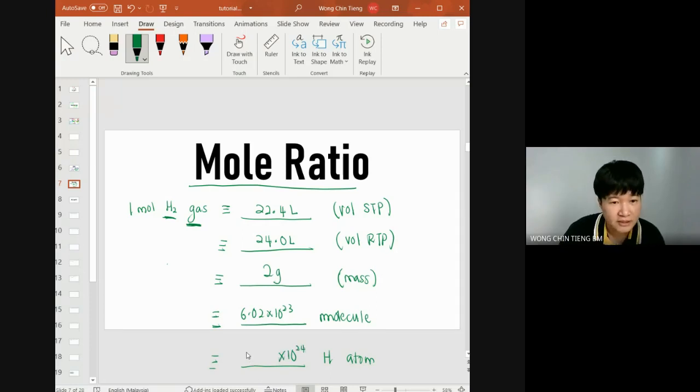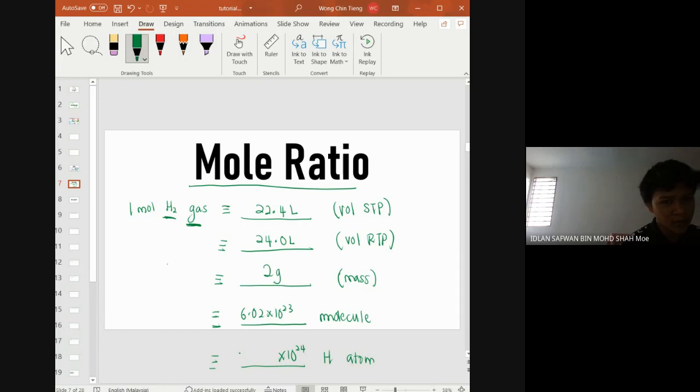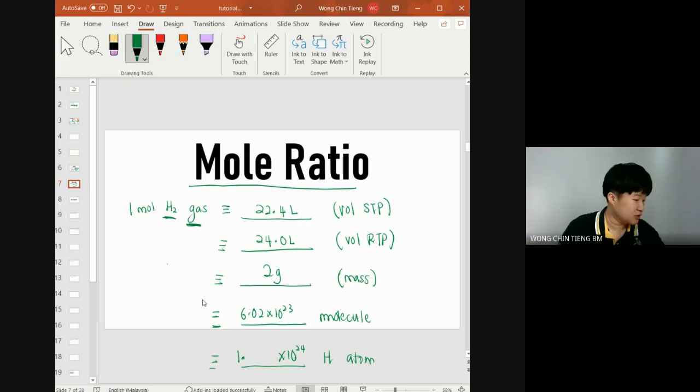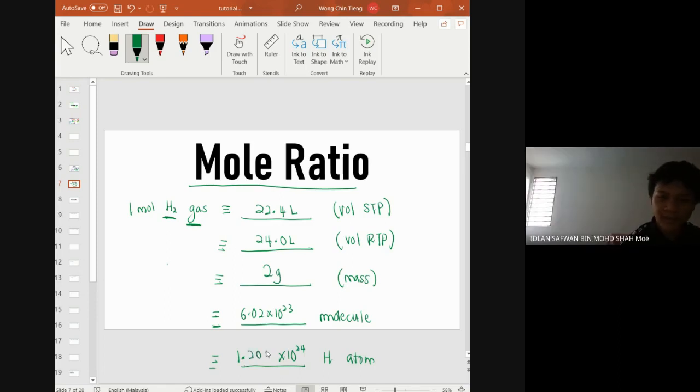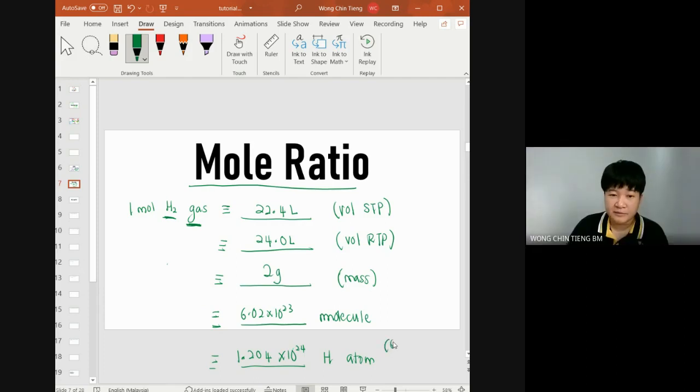Sekali lagi depan, Safan tak dengar. If I'm not mistaken, 1.204. Kamu dapat macam mana tu? Avogadro constant times by 2. Safan akan dapat benda ni sebab 6.02 times 10 to the power of 23 times 2.